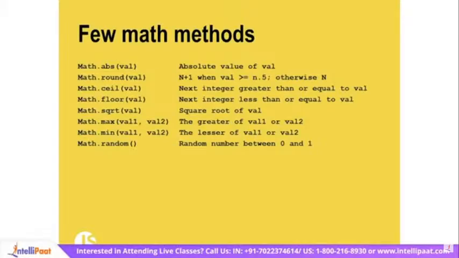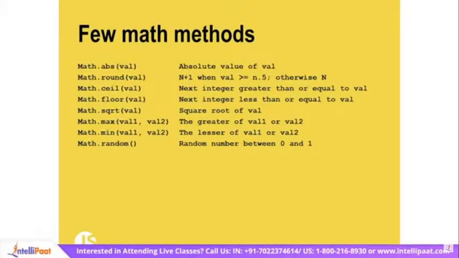Then you have round, which will round to a next number. So if you provide 5.6, let's say, and you would want to round, it'll say 6. Okay, so it'll round it off to the highest number possible. You also have ceil, which does similar to round, just that it'll round it off to the next higher integer, and floor will round it off to the previous lower integer.